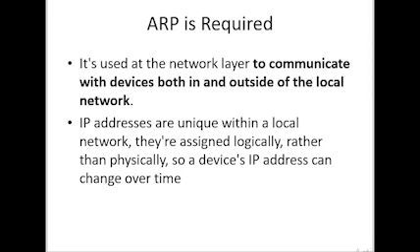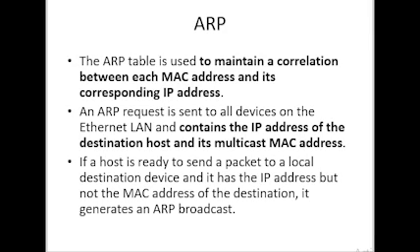An IP address is unique within the local area network. They are assigned logically rather than physically, so a device's IP address can change over time. The ARP table maintains the correspondence between the MAC address and the corresponding IP address.